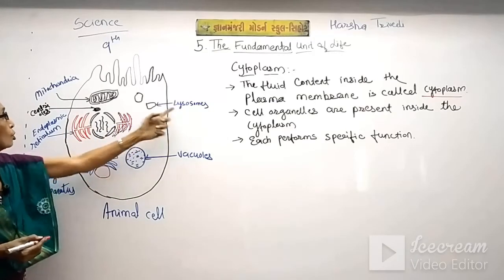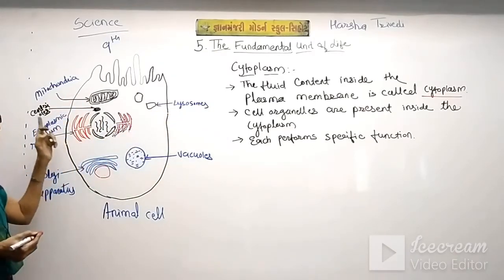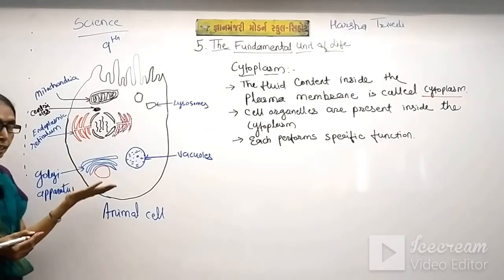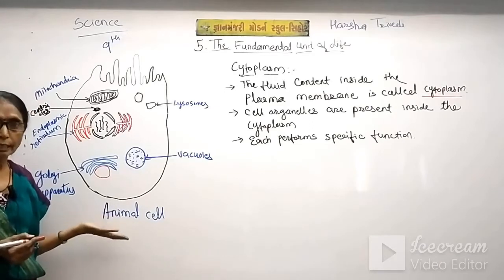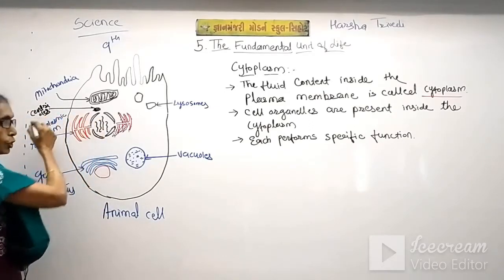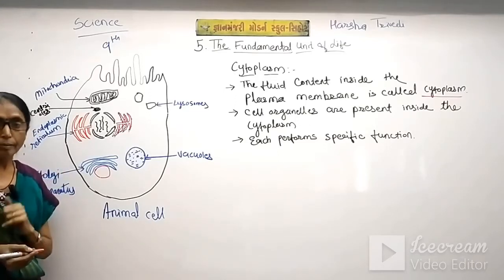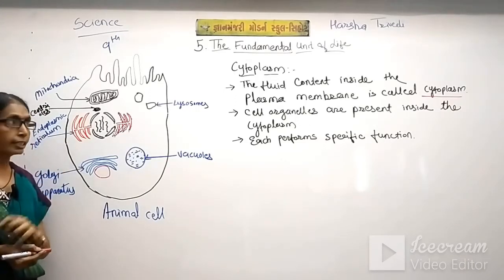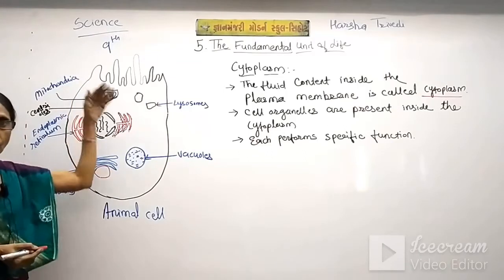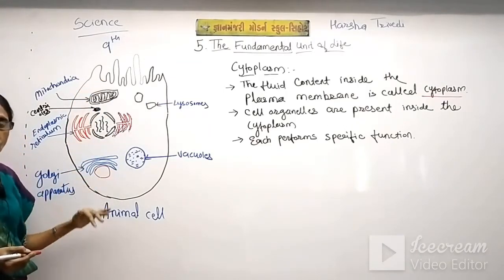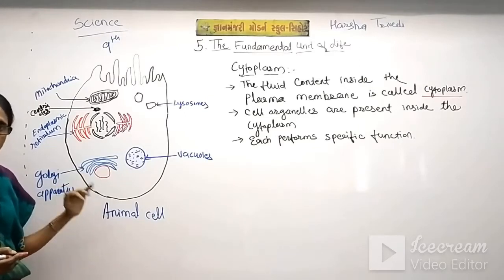This is lysosomes, mitochondria, and this is the centriole. This is a very easy and rough sketch of the animal cell. In the animal cell, centrioles are also present. In the plant cell, the centrioles are absent, but instead it has the cell wall, which is made up of cellulose. So this is the sketch of a typical cell.